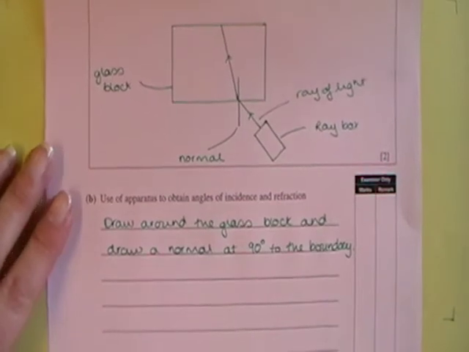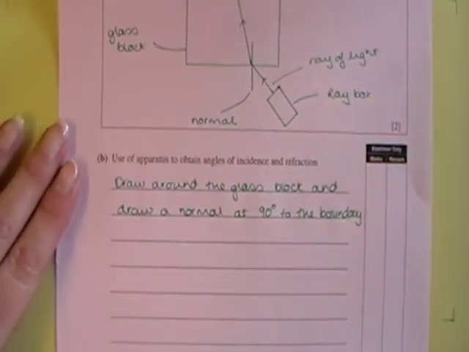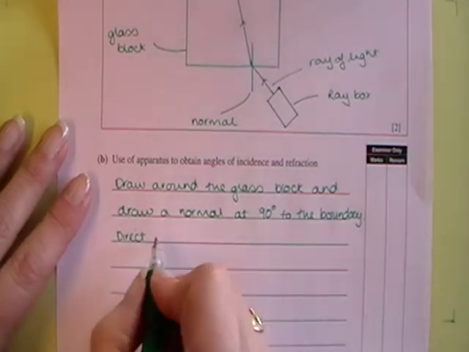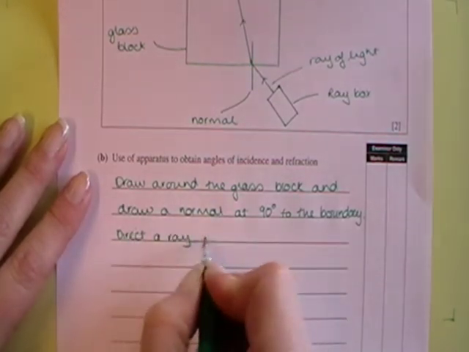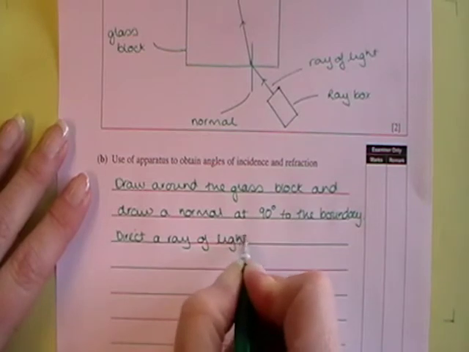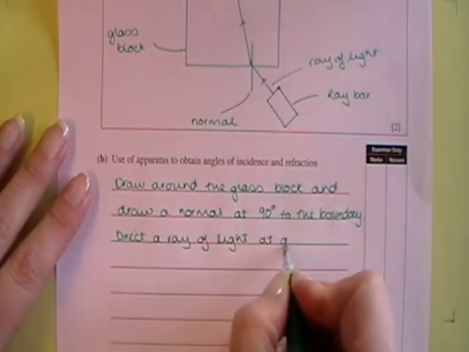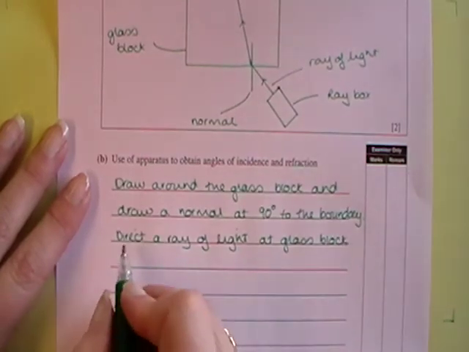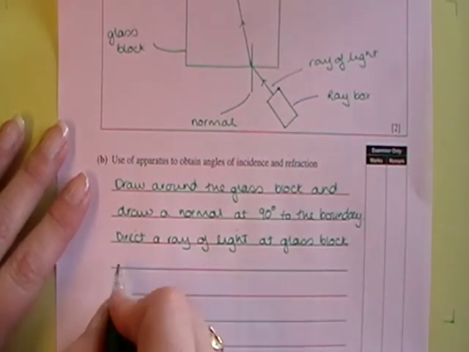So that's your first preparatory step. The second step then is to direct a ray of light at the glass block where the normal meets the boundary.